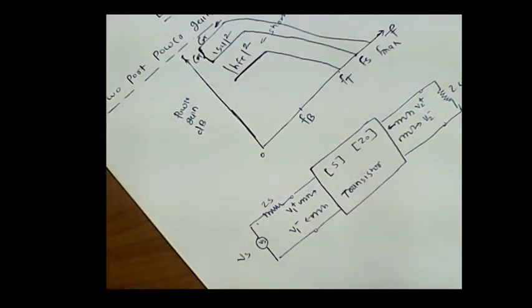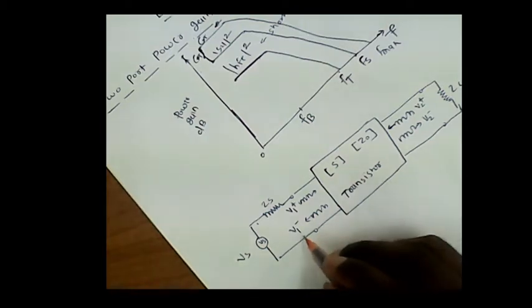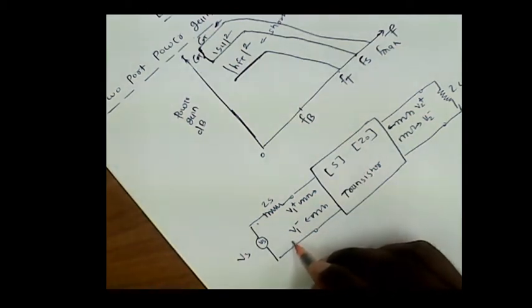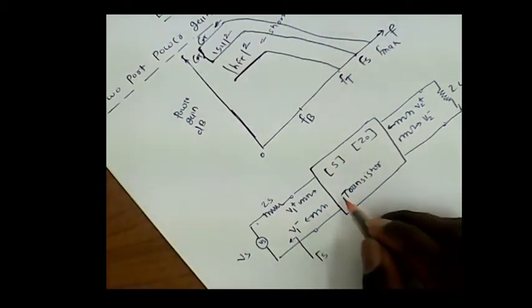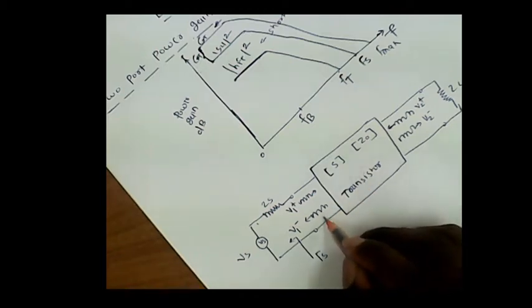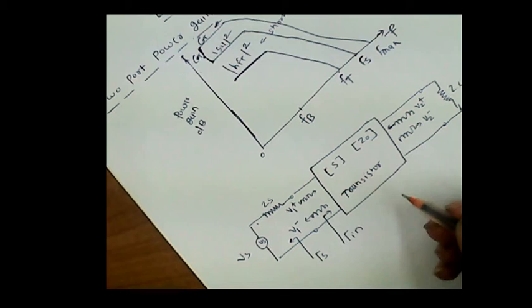So when the two ports are in matching condition or complex conjugate, there is a reflection coefficient. When we look towards the source, that is reflection coefficient gamma s. When looking at the two port in the network, the reflection coefficient is gamma in.